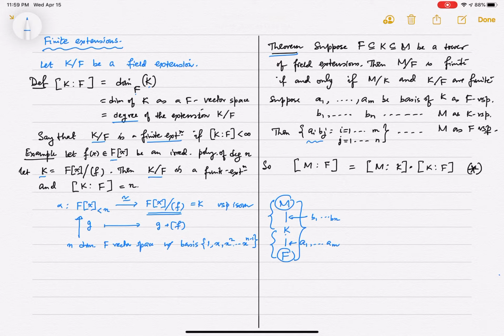So that implies immediately that the degree of the big extension is the product of the two smaller extensions, because if this is m and this is n, then this is mn.